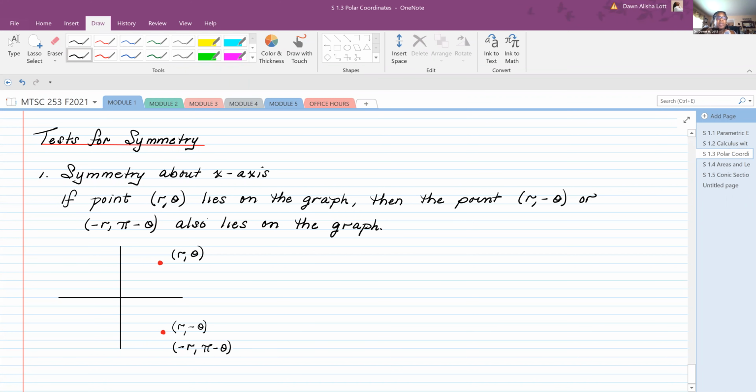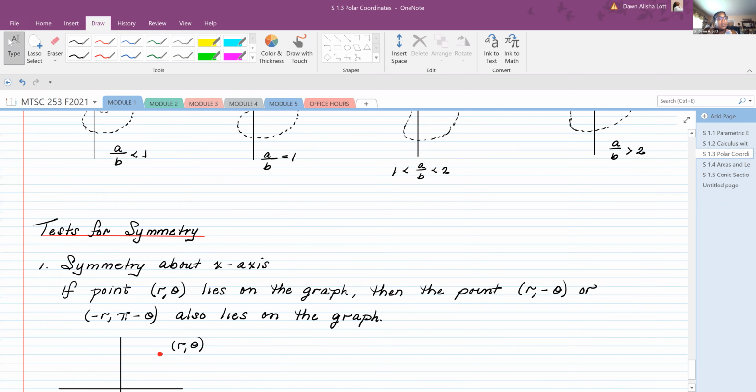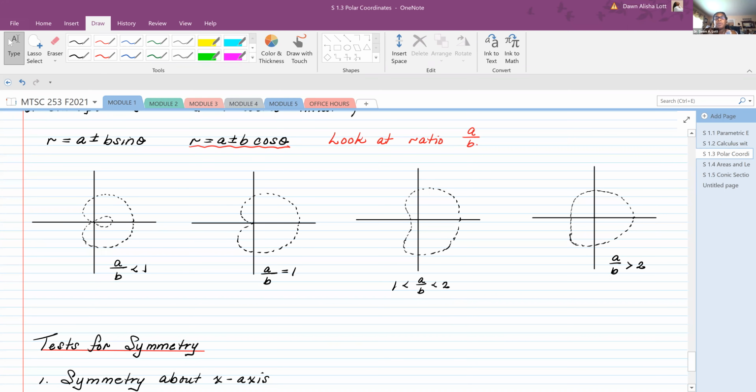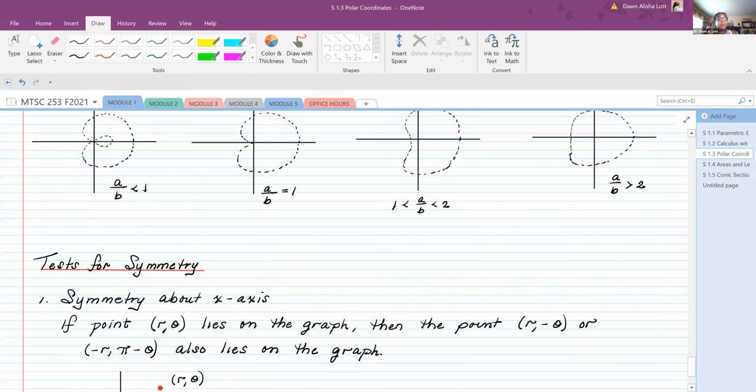So for example, all of those limacons here with the cosine are symmetric about the x-axis.